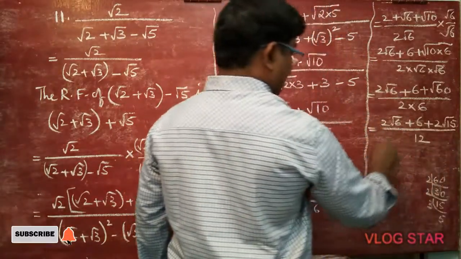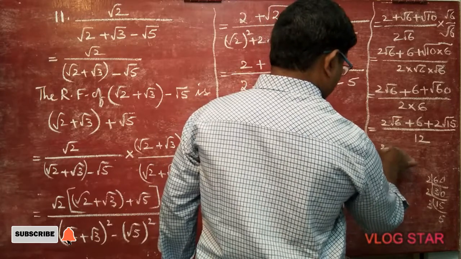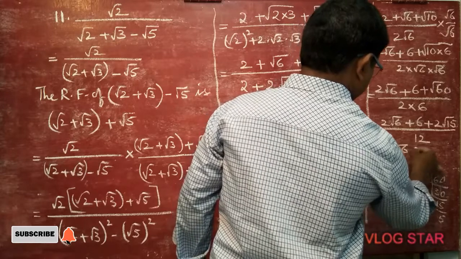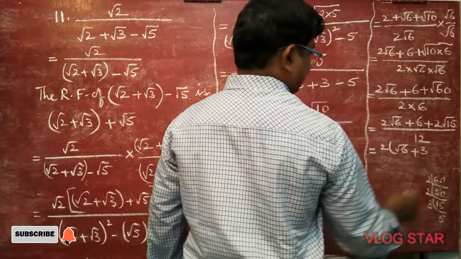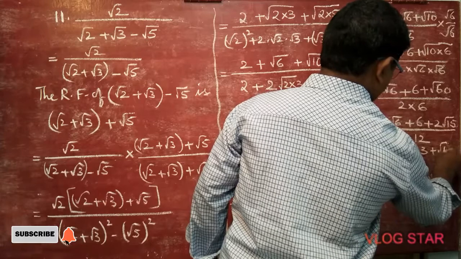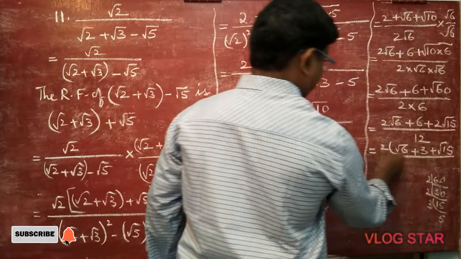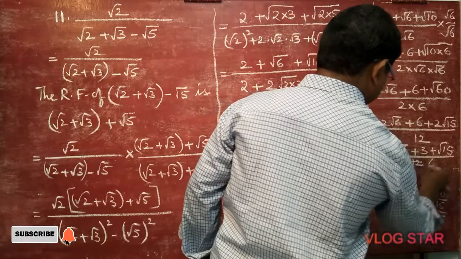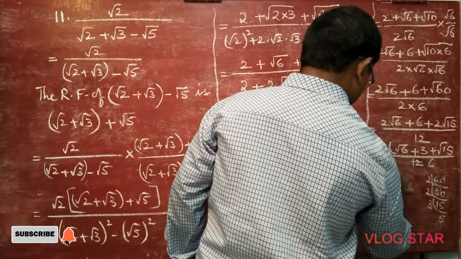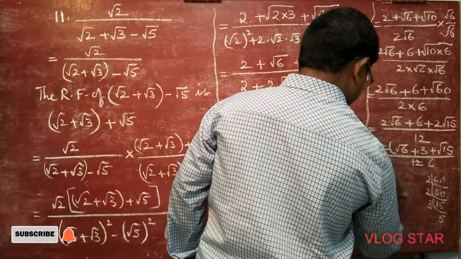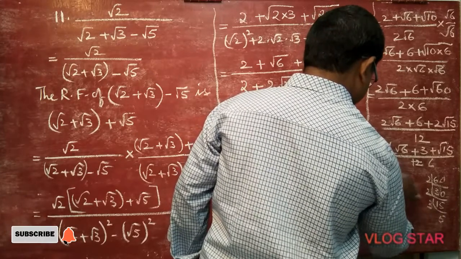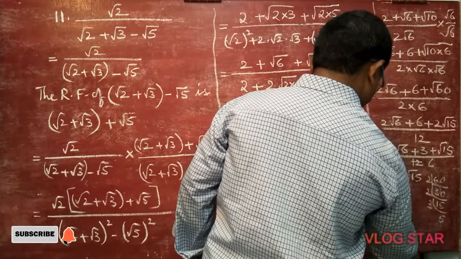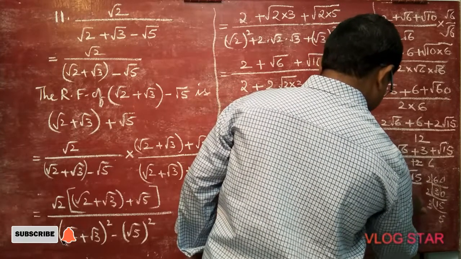Now you can take 2 table common. If you take 2 table common, root 6 plus 2 goes 3 times plus root 15, by 12, and this 2 goes 6 times. So what is the answer? Root 6 plus 3 plus root 15 by 6.